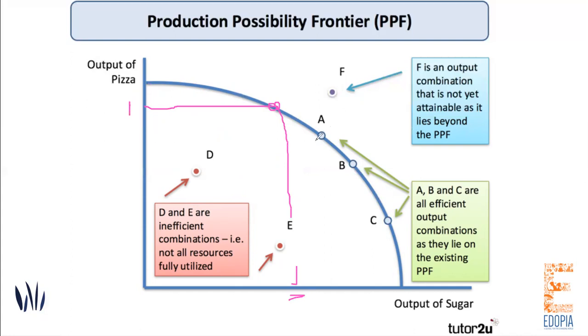But if we move to this point, it means that we are giving up a certain amount of pizza in order to produce more sugar. Giving up something in order to choose another involves the opportunity cost. When you forgo a good or a service in order to choose the other one, that involves the opportunity cost. But this curve has a changing opportunity cost.